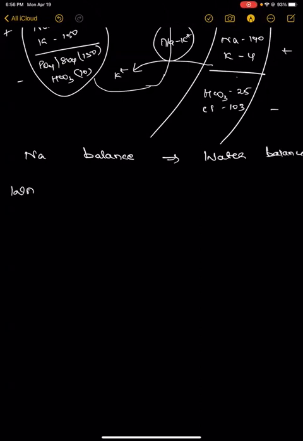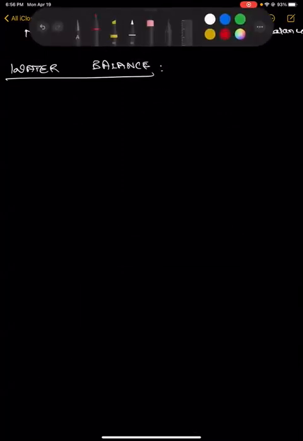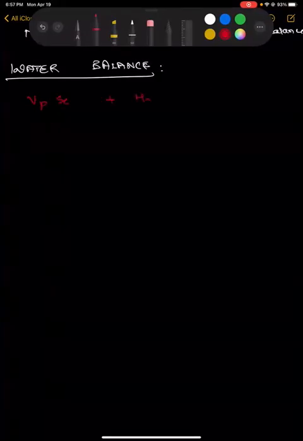So I'm going to talk a few words about the water balance. Three major mechanisms play an important role in regulating the water balance. These are vasopressin secretion, the amount of water that is ingested, and the renal water transport.